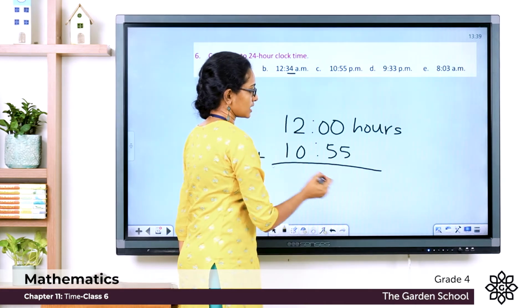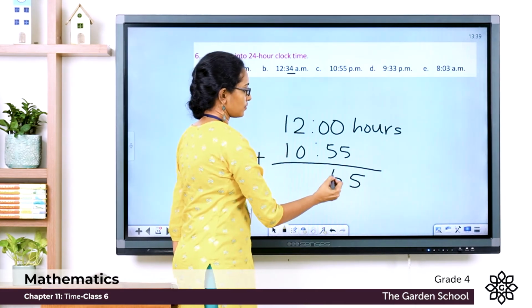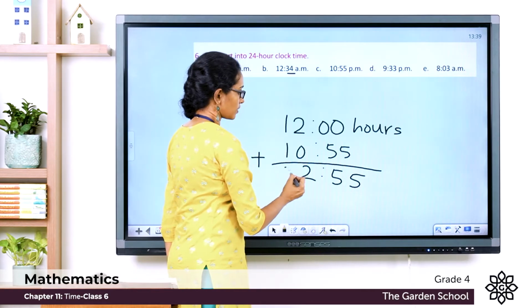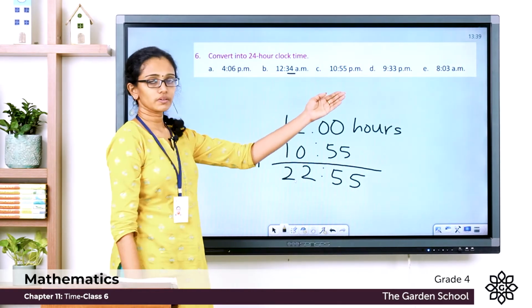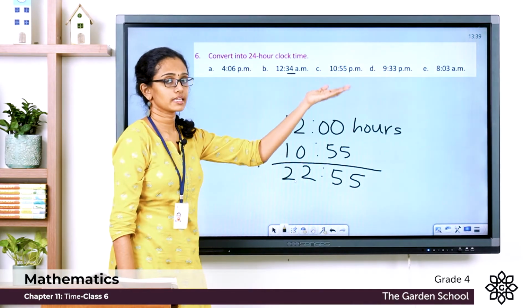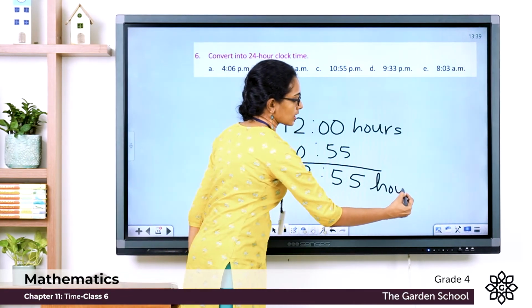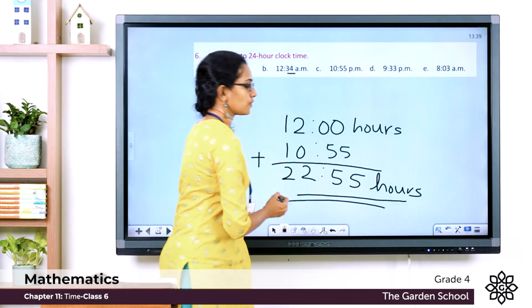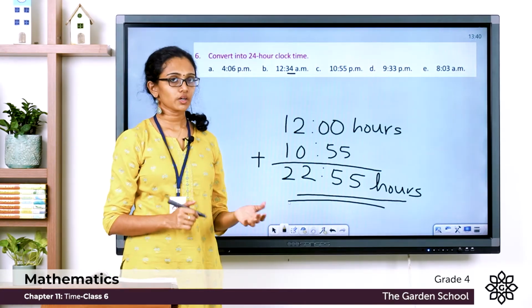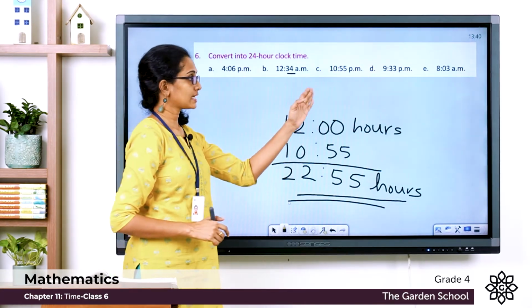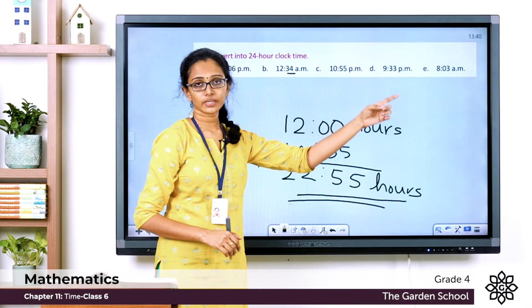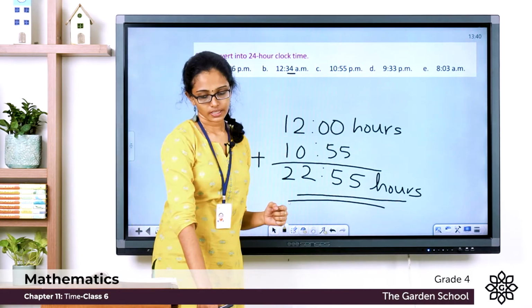So it is equal to 5 and 2 here, 1 plus 1, 2. So 10:55 p.m. or 10:55 in the night is equal to 22:55 hours according to 24-hour format. So children, I hope you are clear with these questions. The rest 2 questions, question D and question E, you have to work out yourself.